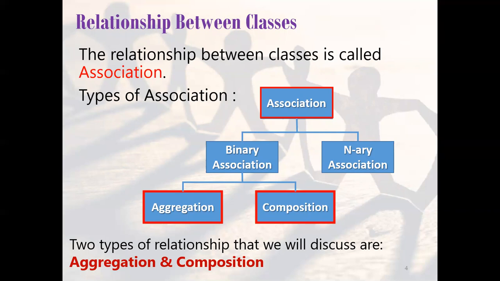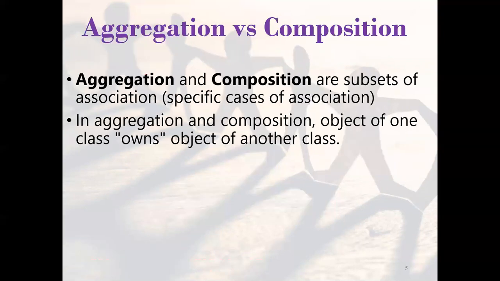In this unit, we are only going to focus on binary association. Specifically, as I mentioned, we are going to discuss aggregation and composition. Okay, let's start. Now, as shown in this tree, aggregation and composition are types of association.